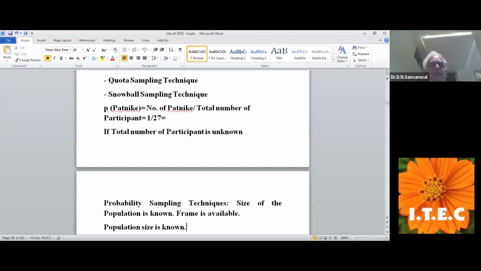Now, can you find out how many students are in class 9 in government schools of your city? Is it possible to find out the total number of class 10 students in government schools? Or is it not possible? Devya, think again.